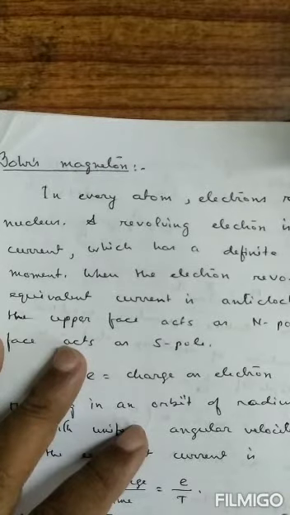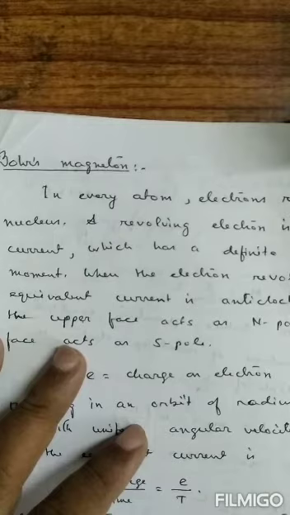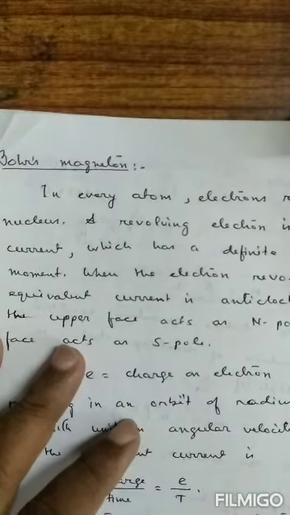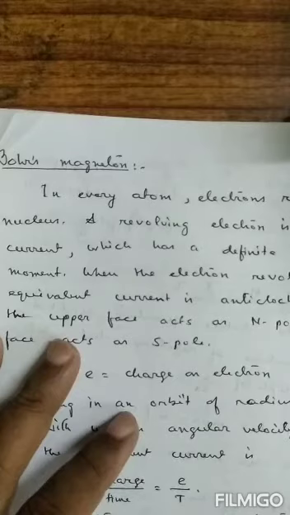In the hydrogen atom also, the electron revolves around the proton or the nucleus in a circular orbit. A revolving electron is like a loop of current, which has a definite magnetic dipole moment.